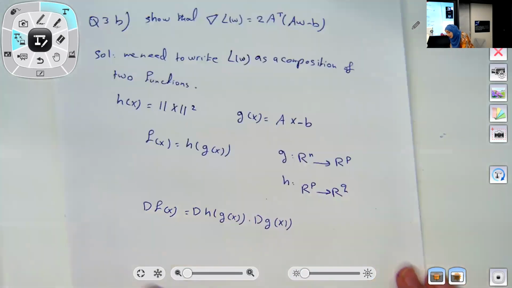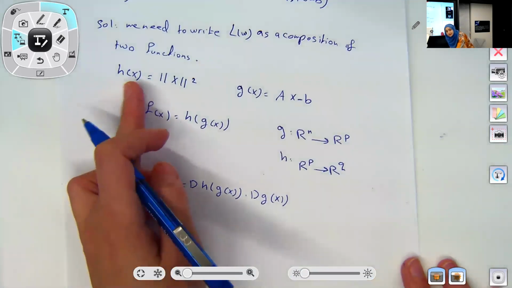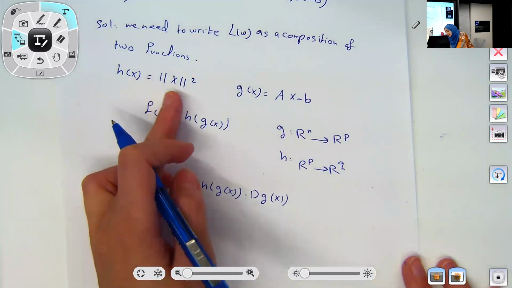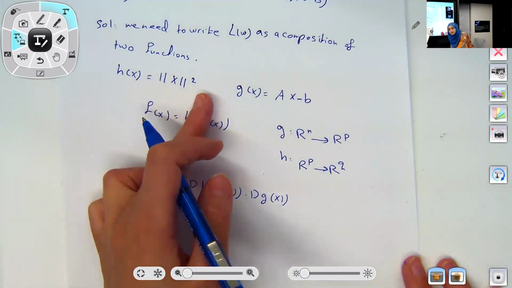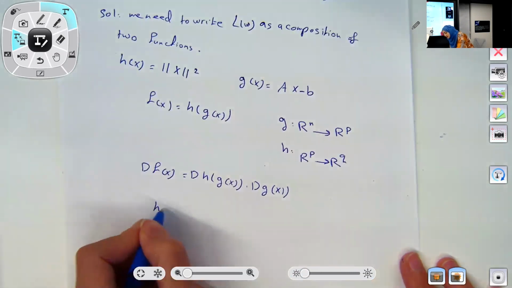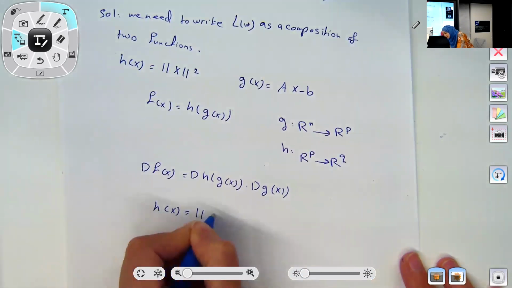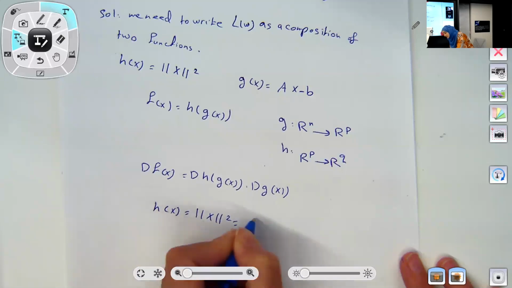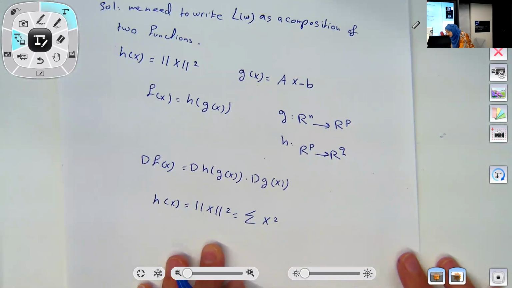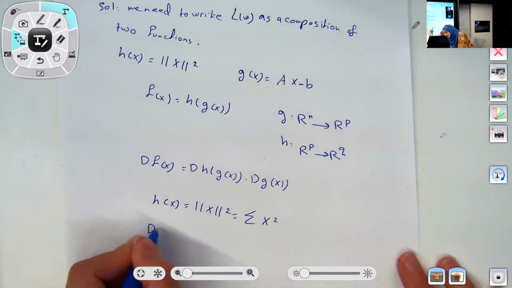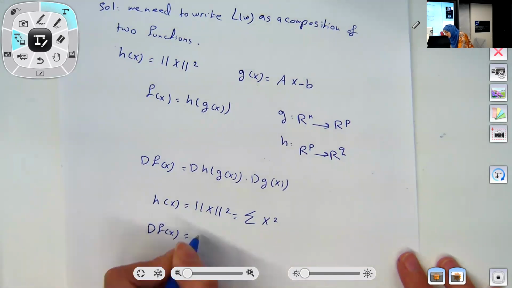Now we know that h of x equals the norm of x to the power 2, and we can write it as a summation. So h of x, the norm of x squared, is the summation of x squared.